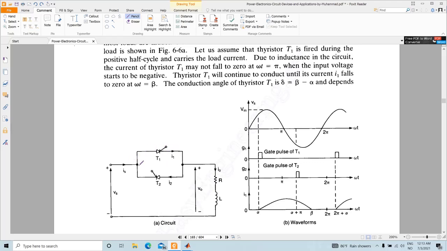So for instance in the positive half cycle, it is positive and negative, so the current was flowing like this, and once you trigger the thyristor it flows through both R and L, and L is resisting the change in the current flow.